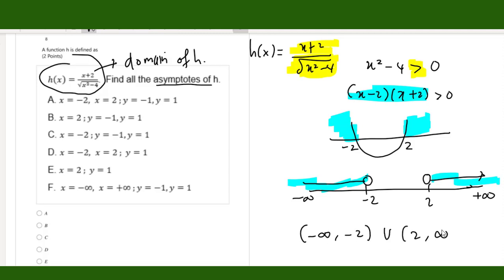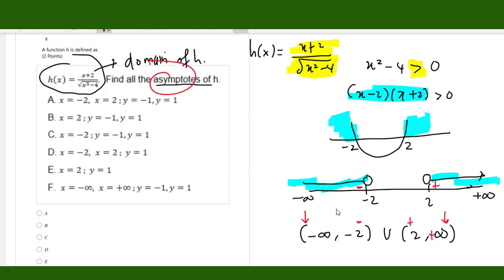union 2 to infinity. So to find the asymptote, you need to consider when x tends to negative infinity, when x approaches negative 2 from the left, when x approaches 2 from the right, and when x tends to positive infinity. So you have 4 limits to find.